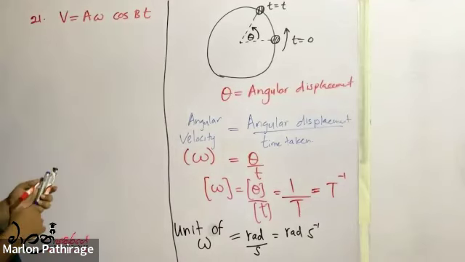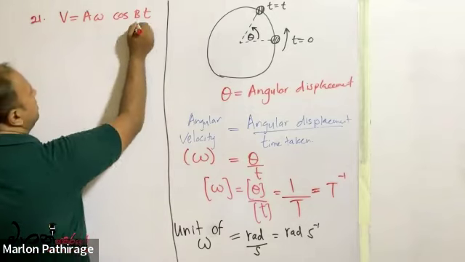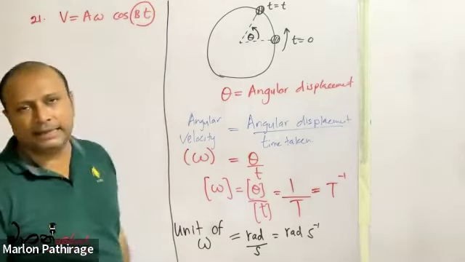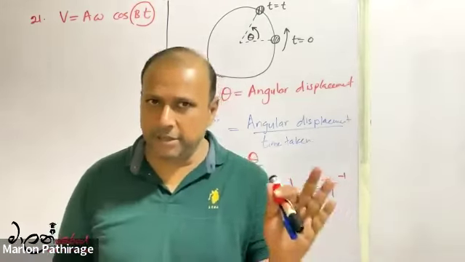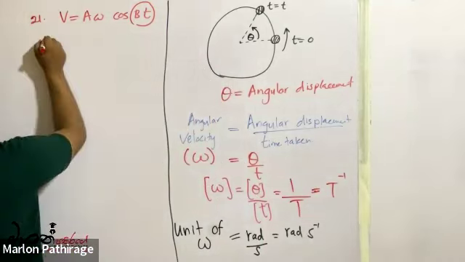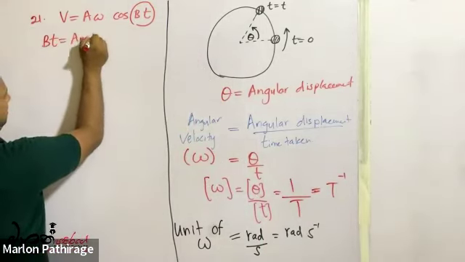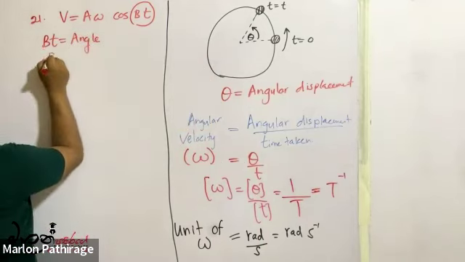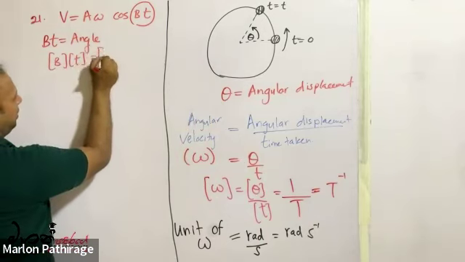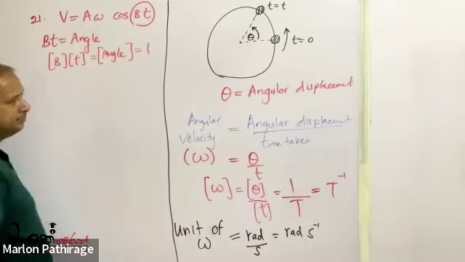Now I can go for this one. Now you know this term BT. BT is an angle. Therefore, it has no dimension. Therefore, BT product is an angle. Therefore, dimension of B into dimension of T is equal to dimension of angle, and that is equal to 1.